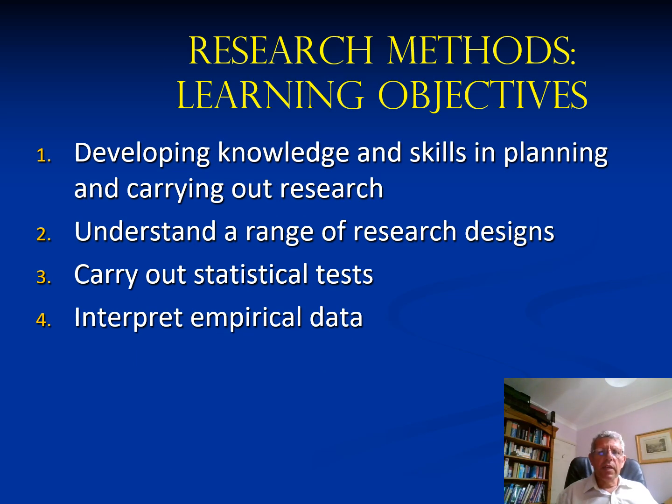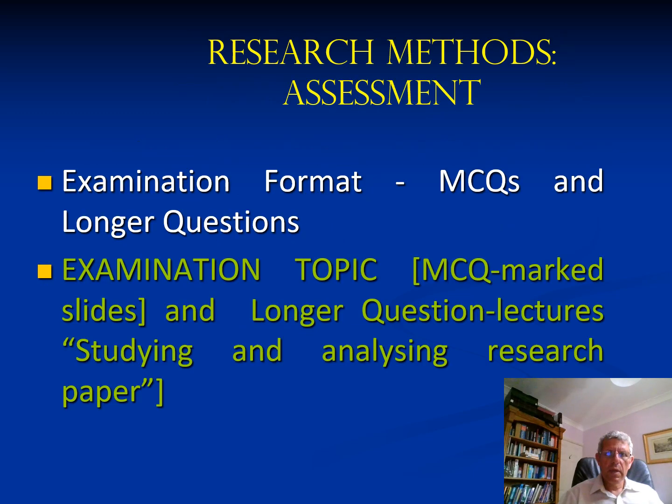And this slide just emphasizes the learning objectives for the research methods, which are to develop knowledge and skills in planning out research, understanding a range of research designs, learn how to carry out statistical tests, and interpret empirical data. So how are the research methods assessed? There are a few multiple choice questions from the core principles that we'll be looking at.